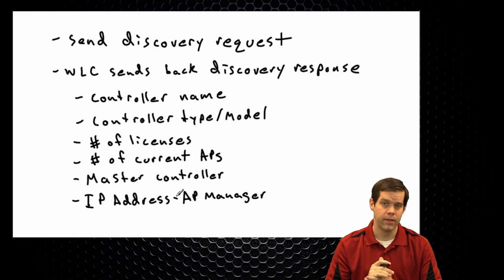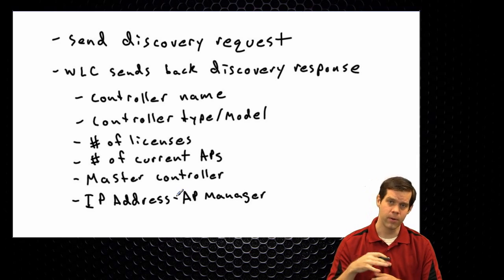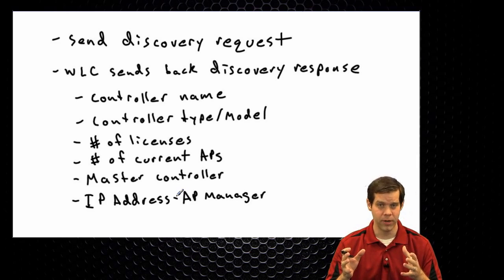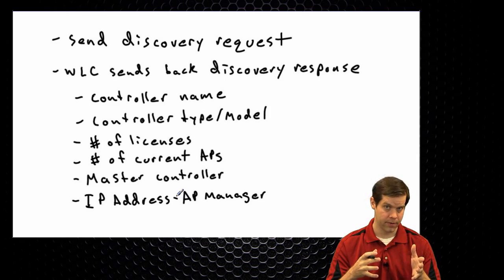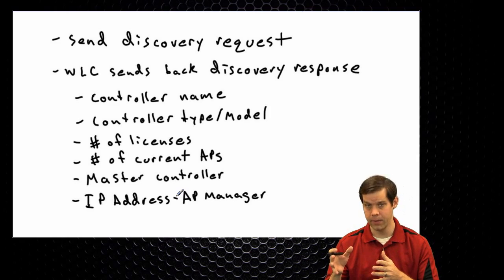So we discover the management IP address, but ultimately when we join up to a wireless LAN controller, we're joining up to an AP manager interface. Now in older controllers, we always had separation between management and AP manager. So like on a 4400 or the older WISM controllers, there was a management interface, and then there was an AP manager interface, one or more AP manager interfaces.